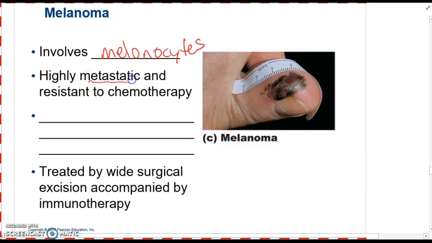So when it says it's metastatic, it's reproducing very quickly, and it is usually resistant to chemotherapy.